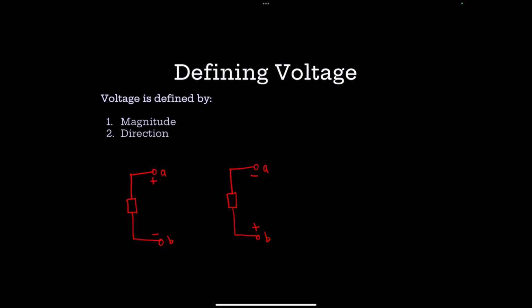When we're measuring voltage across an element, we take the higher potential, represented by the positive sign, minus the lower potential, represented by the negative sign.